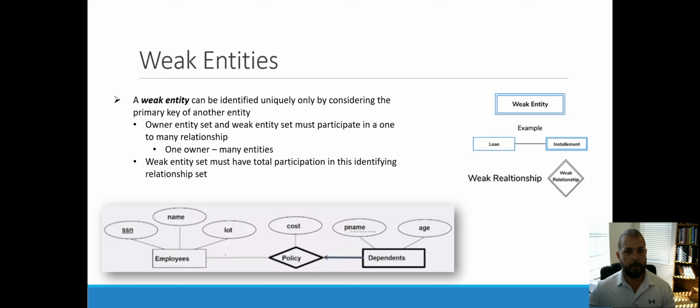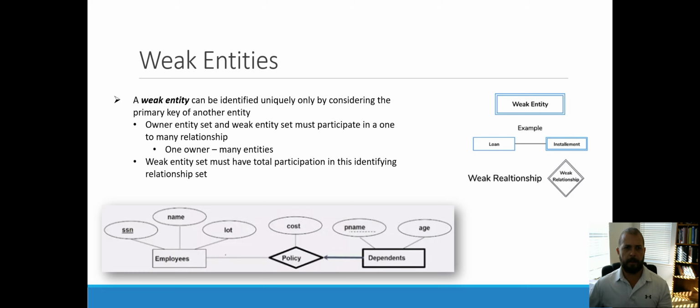Those dependents wouldn't exist in this database if it was not for this person in the employees table. In other words, if Dr. Bolton wasn't an employee of the University of South Carolina, there wouldn't be any dependents for there to be an insurance policy for with USC.